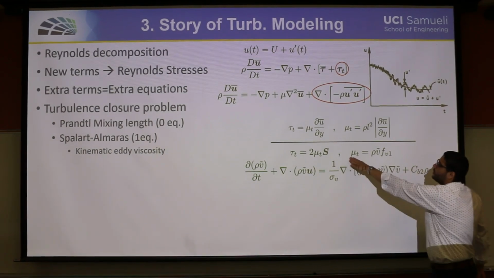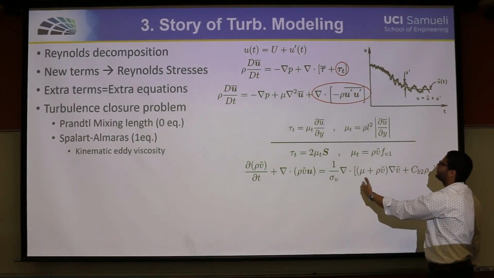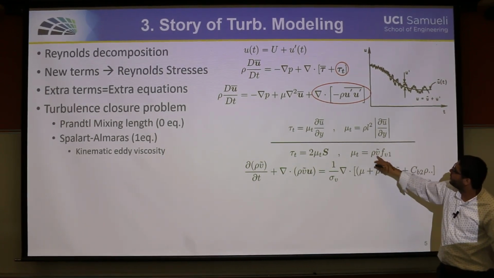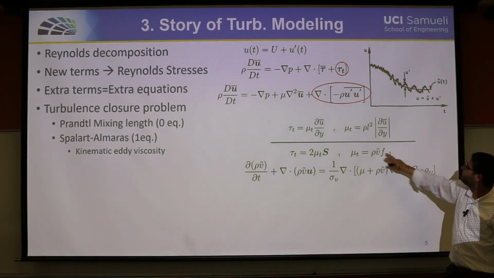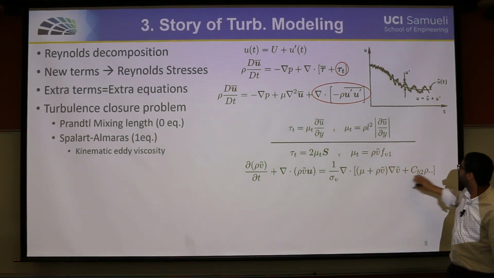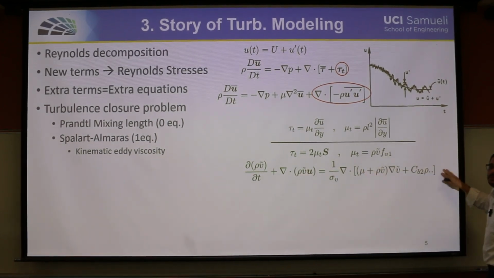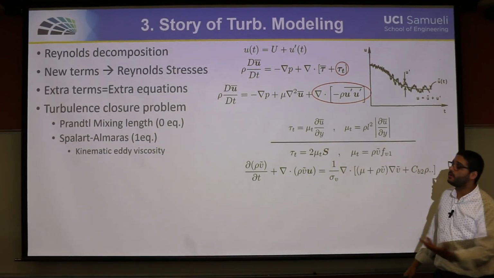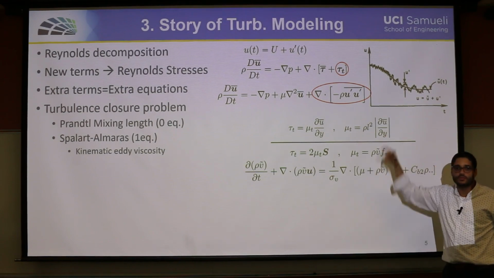They approximated that kinematic eddy viscosity by this function, where they use this kinematic viscosity constant. To find that kinematic viscosity, they solve this PDE while you are solving your Navier-Stokes equation. That's why it's named a one equation model: you are adding one PDE to your system of equations.